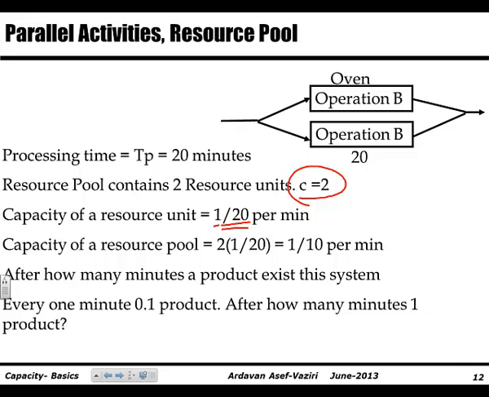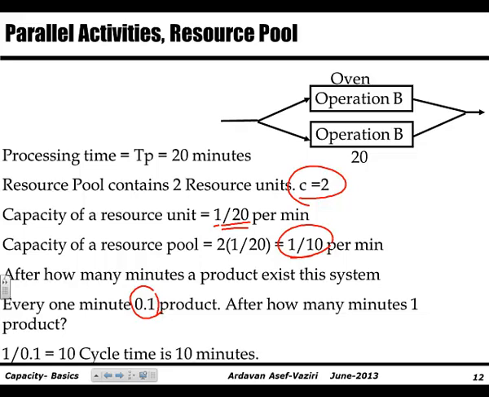Here in the second operation, because the capacity is 0.1 per minute, each minute 0.1 product leaves the system, and if we add 10 of these 0.1 together, that would be 1. Therefore every 10 minutes 1 product leaves the oven operation.